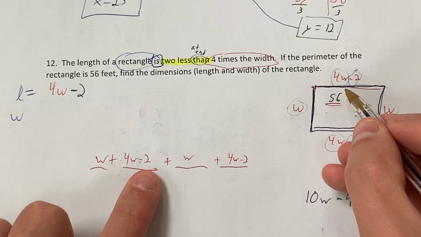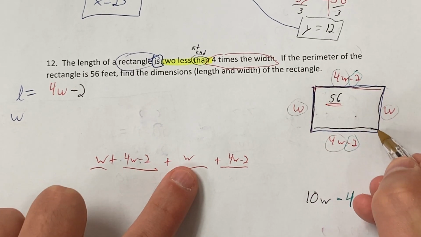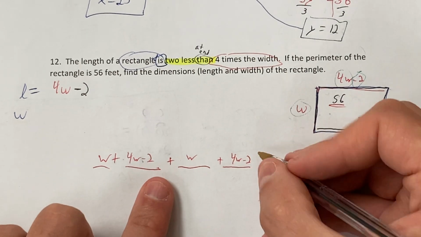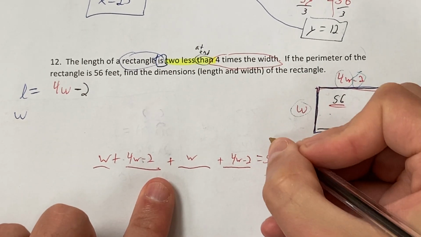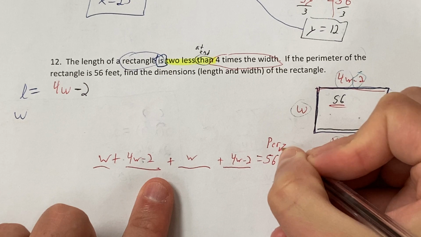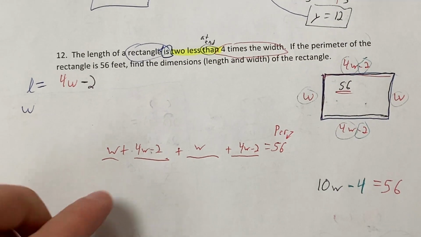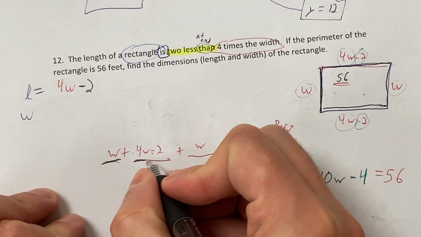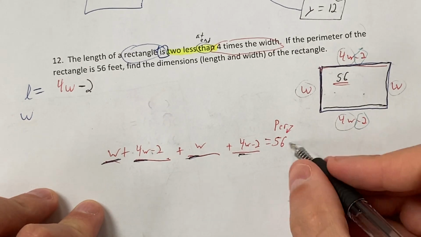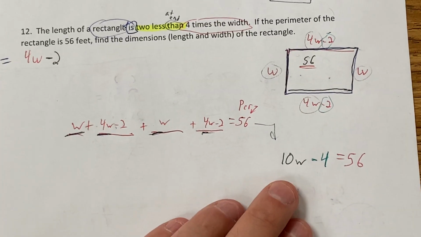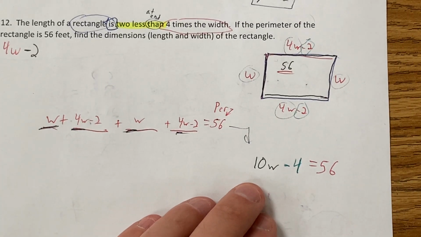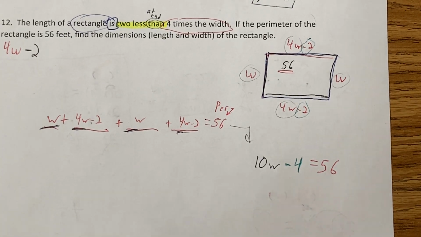W, 4W minus 2, W, 4W minus 2. Add those together, and you get the perimeter, right? It's just then, when you combine like terms, you're going to notice that you get the exact same thing over there, 10W minus 4. And then you solve it.